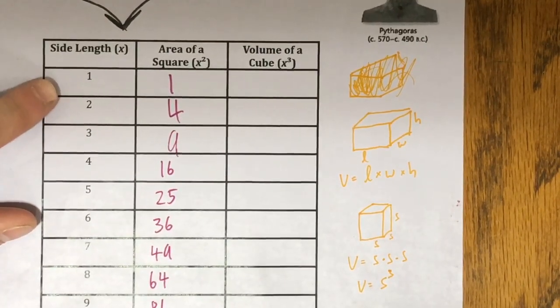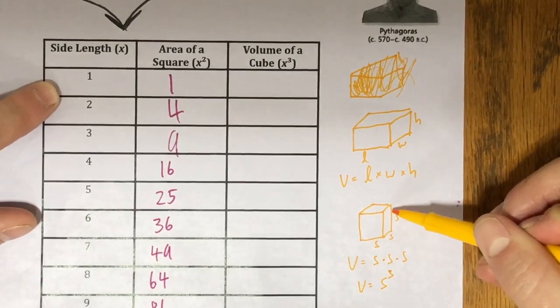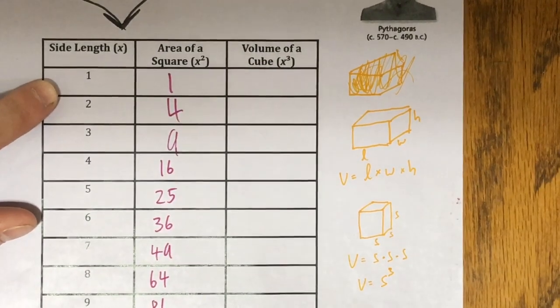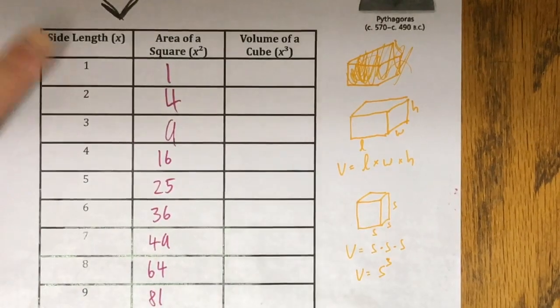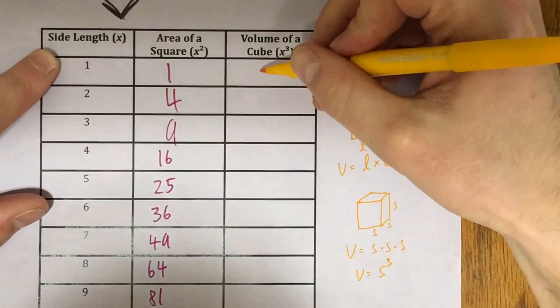So here we could think about a cube with an edge length, or a side length, of 1. Well, 1 times 1 times 1 is going to give me 1.